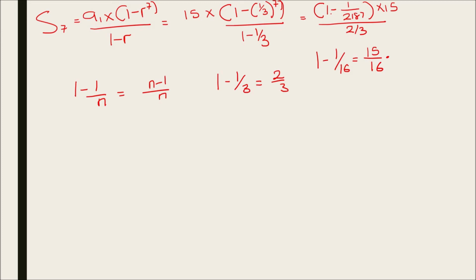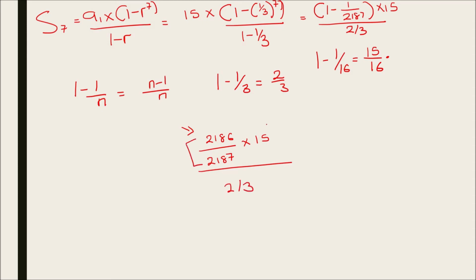Let's still continue. So what's 1 minus 1 over 2187? Simply 2187 minus 1. So I'm continuing from here: 2186 over 2187 times 15 over 2 over 3.